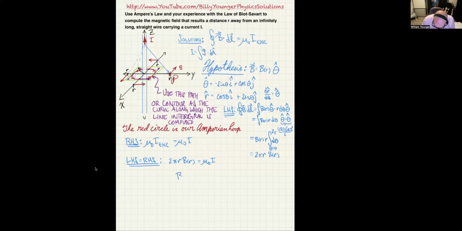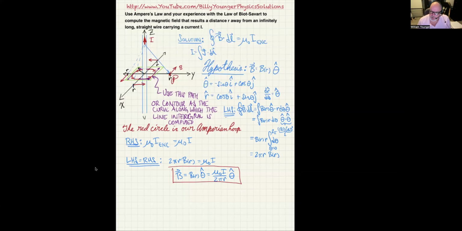And using our hypothesis, that tells us that B, the magnetic field, is going to be B of r times theta hat, which is equal to mu 0 I over 2 pi r theta hat, which is exactly the hypothesized direction, and we got the magnitude that we had already been given as if it were experimental data from your textbook.